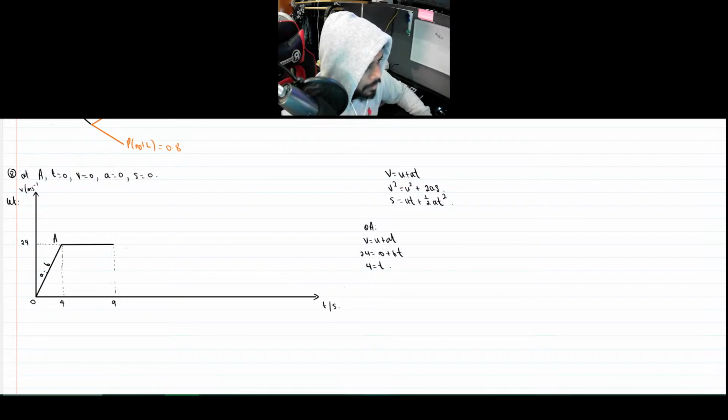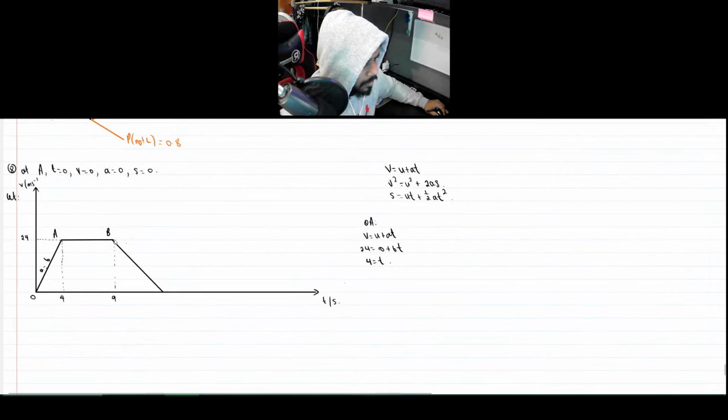We call this one B. And it is brought to rest by a deceleration of -3. Alright, so we come to rest by a deceleration of -3. And this could be C here.